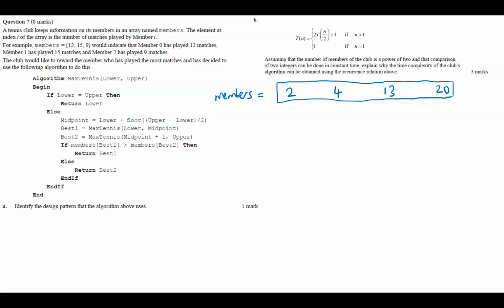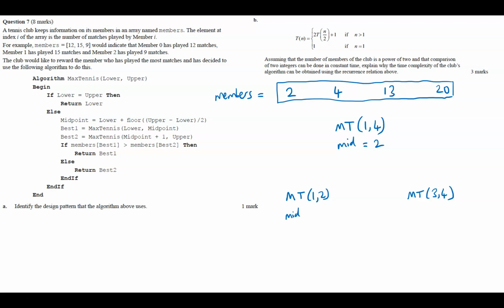The first call we do is MT between 1 and 4. Here we find the midpoint as 2, and then we're doing a couple of recursive calls. We're going to call MT from 1 to 2 and MT 3 to 4.